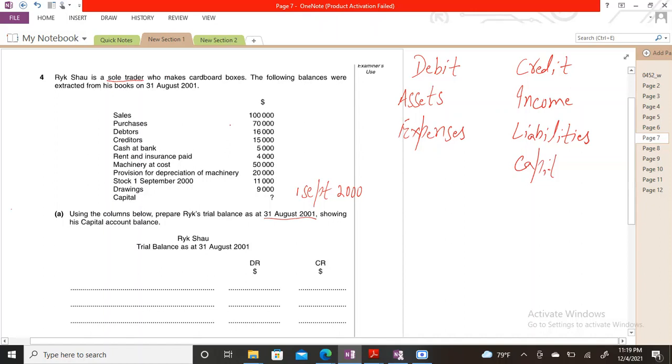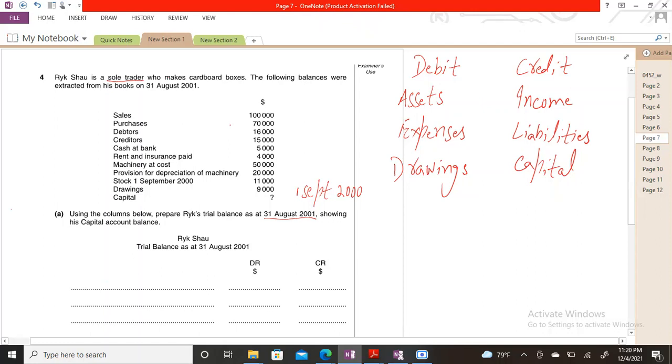Similarly, on the debit side, the opposite of capital is drawings, resources taken back from the business. So on this rule, we are going to prepare the trial balance. Let's see the items one by one.